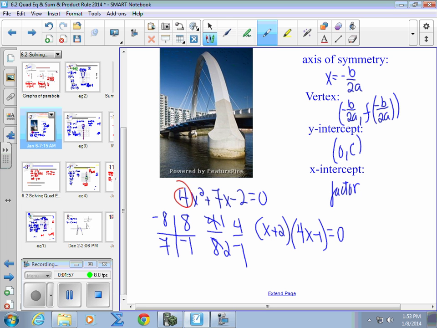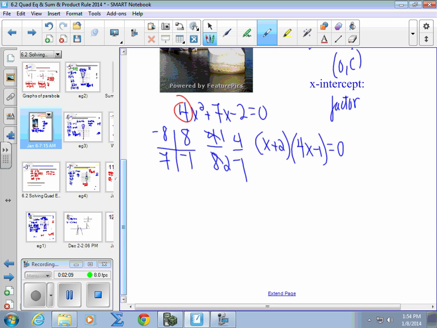Those are the factors that we would have if we factored that quadratic equation. We went to the next step at the end of last quarter, and we set these factors equal to 0: x plus 2 is equal to 0, and 4x minus 1 is equal to 0.